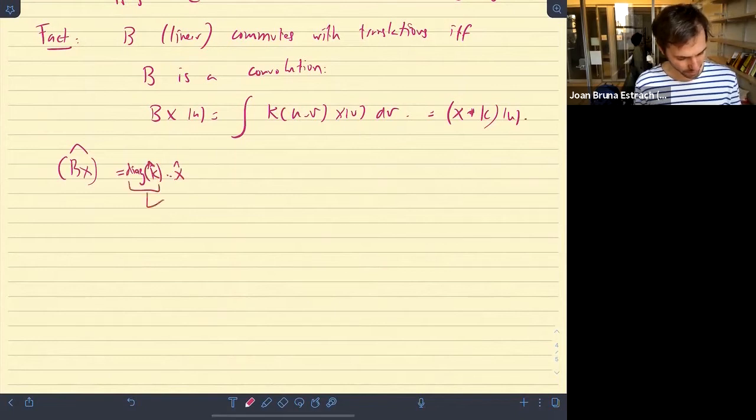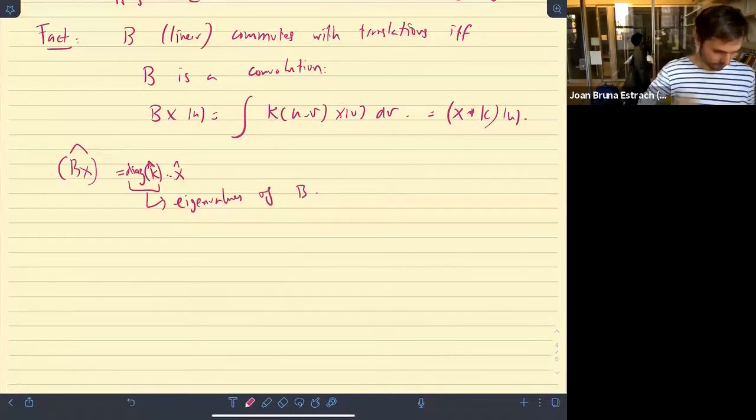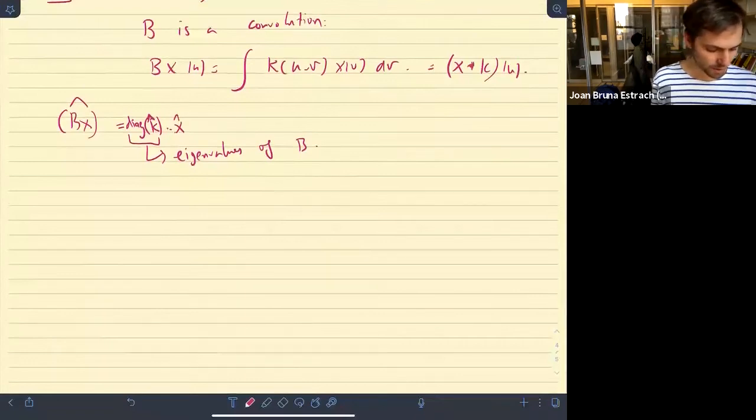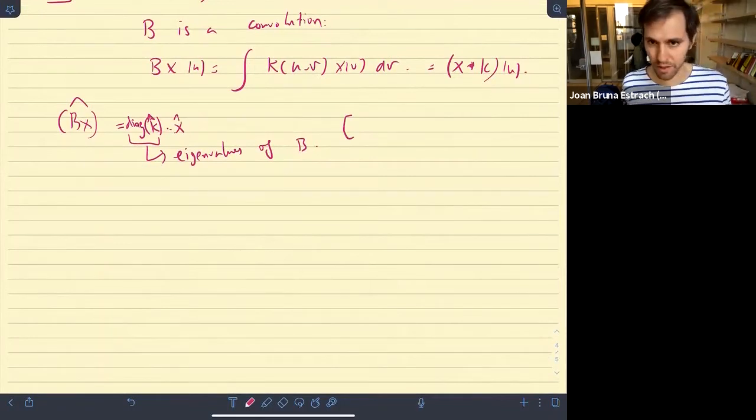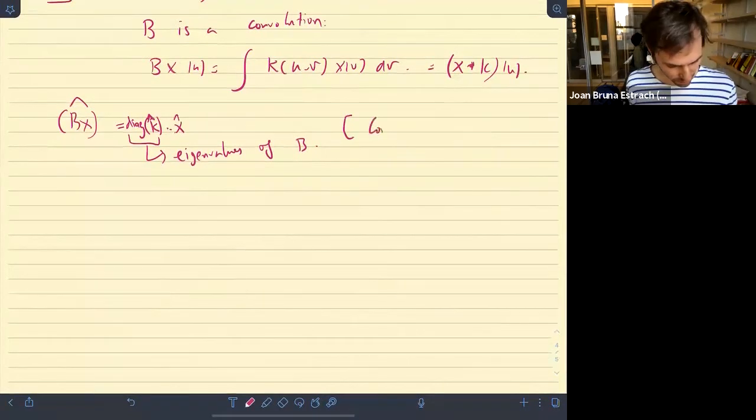So this becomes the eigenvalues of B. This is sometimes called the convolution theorem, but there's really no theorem, it's just verifying the definition. So the convolution is diagonal in Fourier.